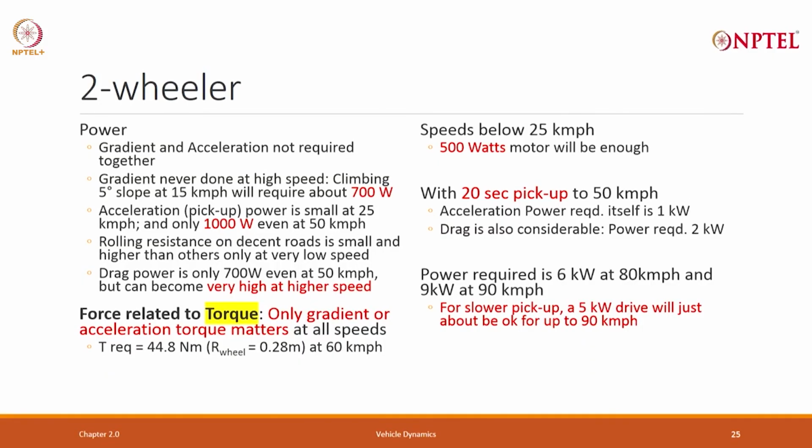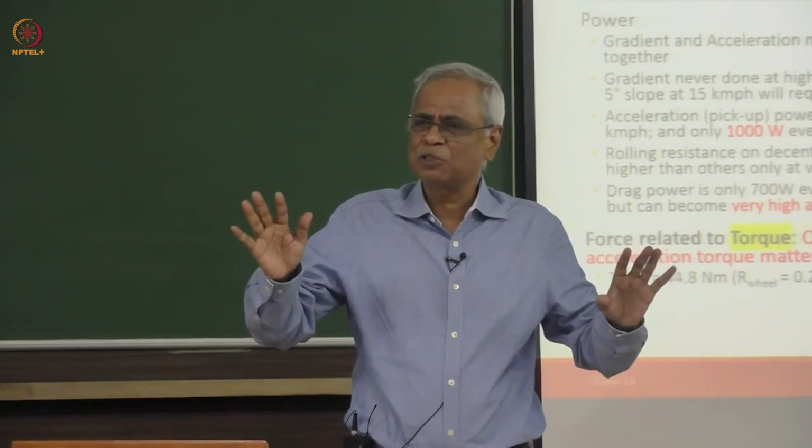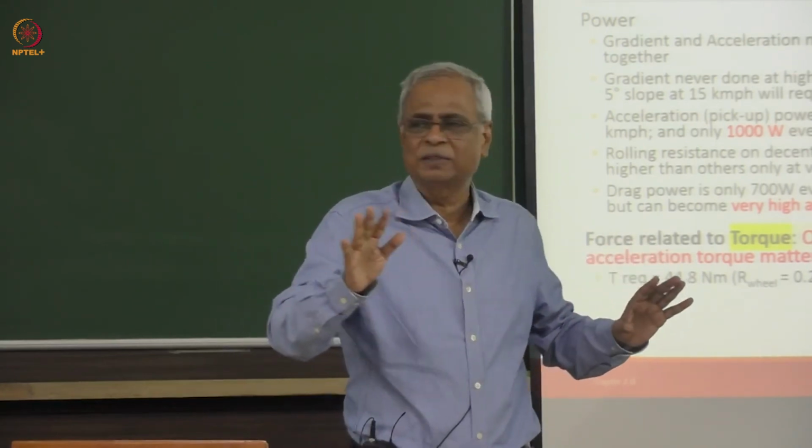Now, look from an India point of view, a lot of low end two wheelers are used, 25 kilometer, 30 kilometer. I can probably use a 1 kilowatt motor. Appropriately, your battery will also come down, and I can make a low cost vehicle. If I want a 50 to 60,000 rupees target vehicle, 65,000 rupees, I have to limit speed to 30, 35 kilometer.